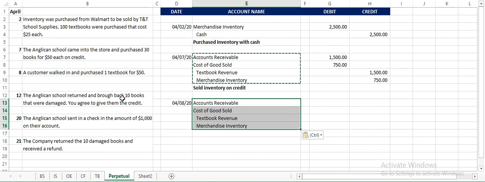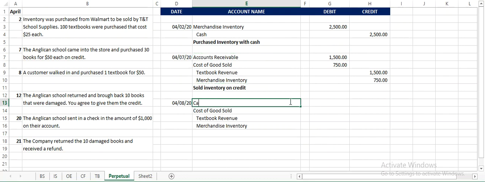Because this is a cash sale, because they didn't say on credit, we have to now take out accounts receivable and put cash, because we're going to increase cash for this $50 for this one textbook. And so in the same way we handled the question above, cash is going to be affected by $50 because we sold it for $50, so we would receive $50 and our sale is valued at $50.